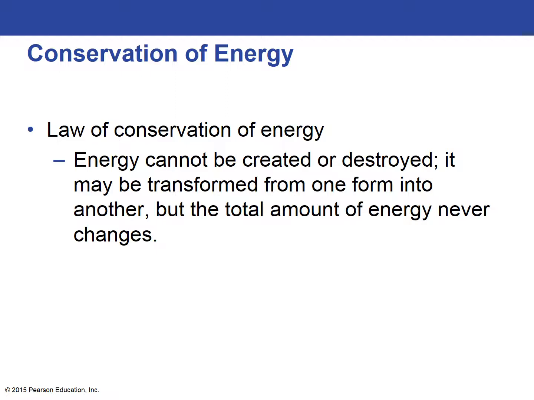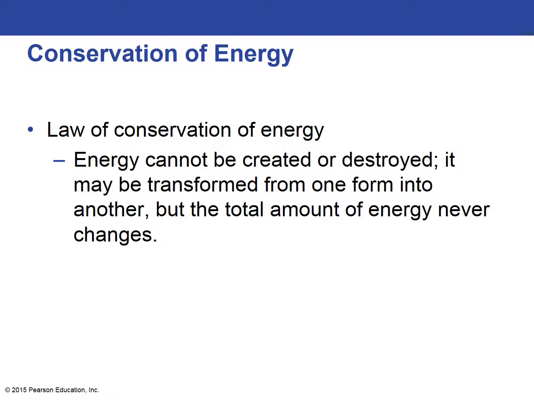Now, there are cases where there may be heat created when two objects collide with each other, or there's deformation, the crumpling of the automobiles when two objects collide, in which case there may be heat generated as a result. So in the final state, after the collision, we have to add up not only the kinetic energy, but how much energy went into heat.